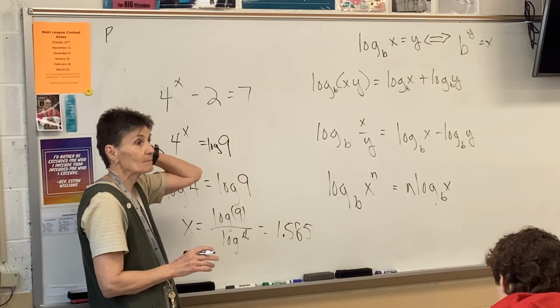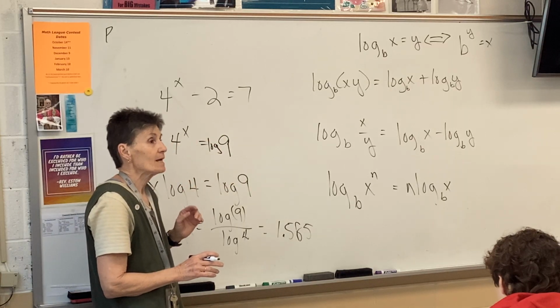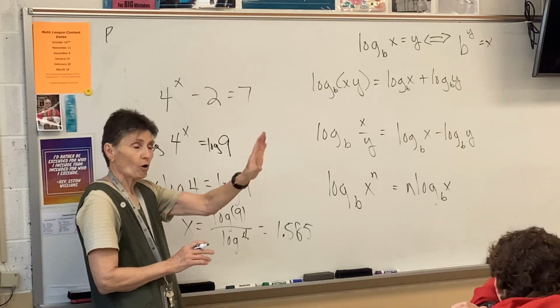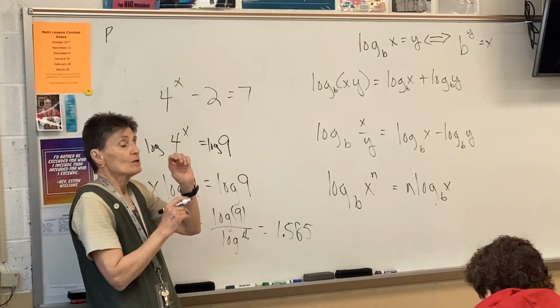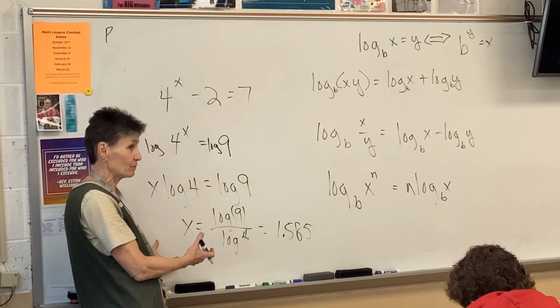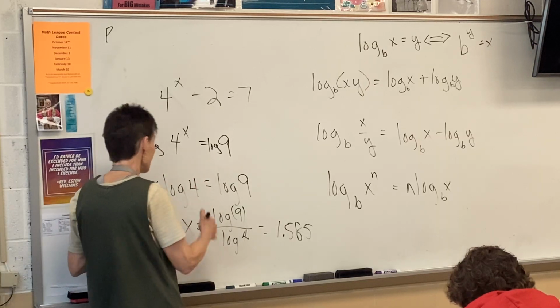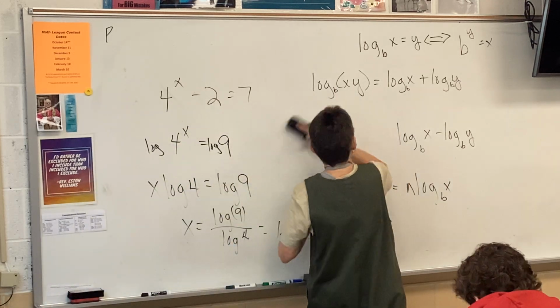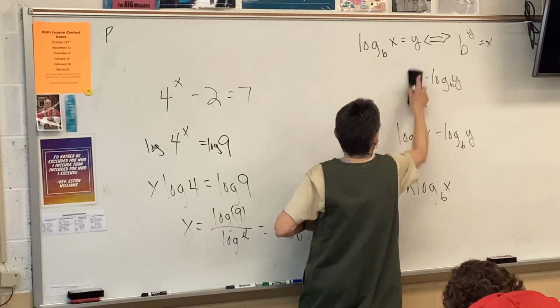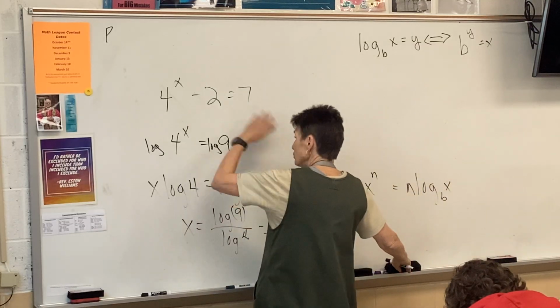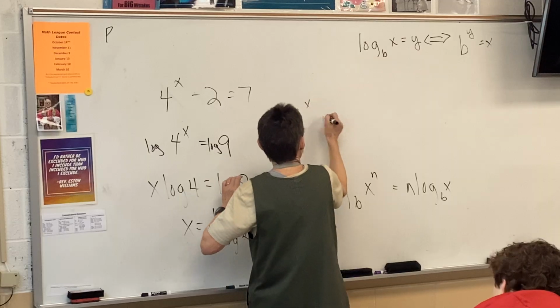Charlie? What if you just did the flippy thing? Exactly. Okay. So, no, you're good, you're all good, you're exactly right. So, did everybody follow this? Are you okay? You can do this if you have to, right? Okay. Now Charlie says, let's go back to where we moved the 2, so we had 4 to the x equals 9.